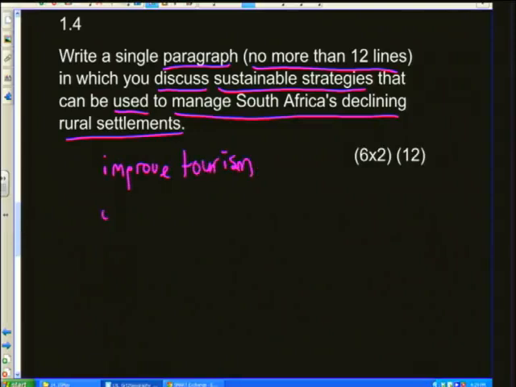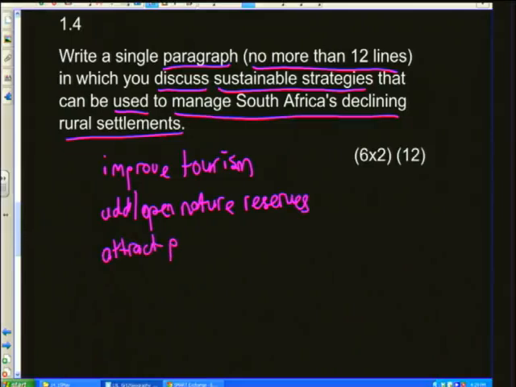You can add or open nature reserves, okay, or game parks. You can attract pensioners back to that area. Okay, remember, if you build nice retirement villages, they are likely to come back.